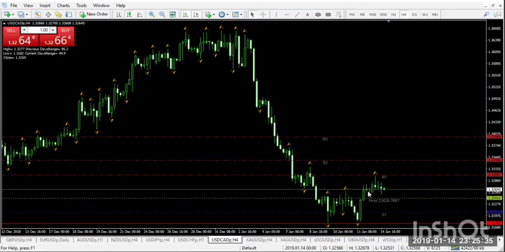Can you see it? This is the market from today. This is the new market. So it has hit R1, then it has retraced to the central pivot, but don't expect it to be touched exactly.